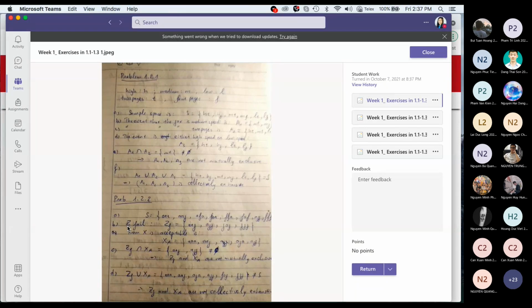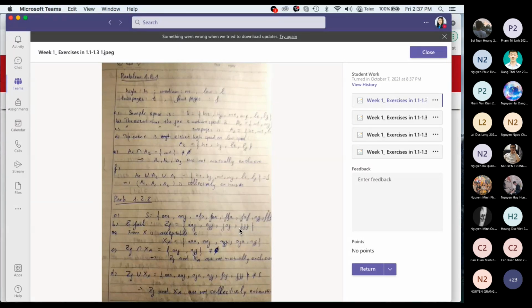Z is the event that is skipped from Z field. So ZF equals AAF, AFF, FAF, and FFF.